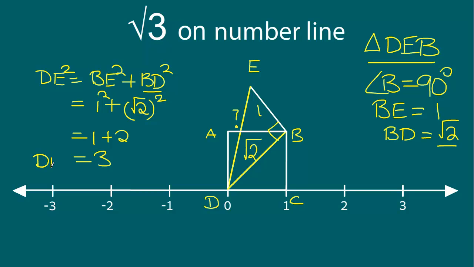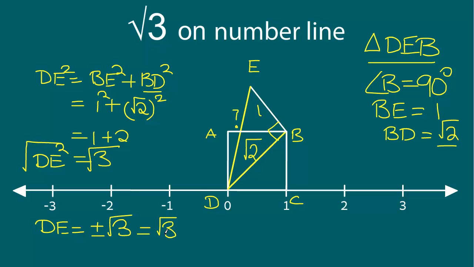So if we do square root on both sides, we get DE equal to plus minus square root 3, and given this is the measure of the side, it cannot be a negative number, so we say DE is plus square root 3.